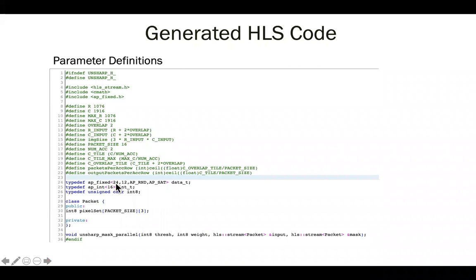Its width is 24 and 12 bits are used for... Sir, is it arbitrary precision? No, this is fixed point. AP means, I guess, arbitrary precision. No, this is not arbitrary. It is arbitrary in the sense that you can make it 36 if you want.